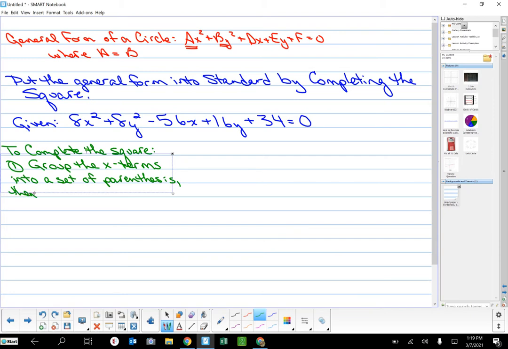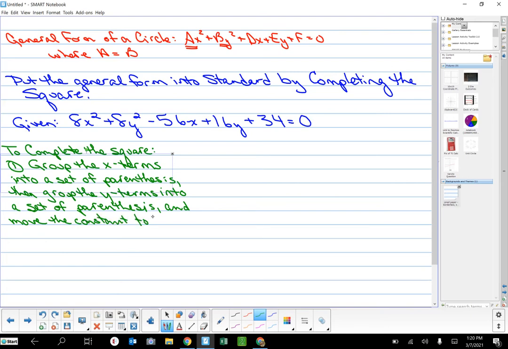Then group the y terms in a set of parentheses. And move the constant to the right side of the equal sign.